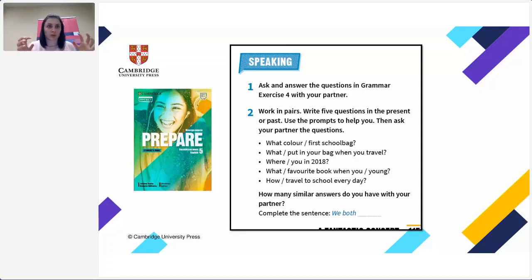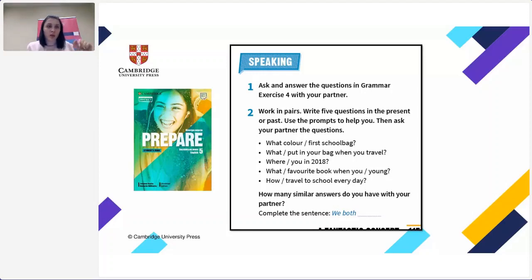So we have some questions, they need to make them, but then you are able to divide your students into different groups, or into pairs, it depends on you, and they may find something in common that they do every day, and they use the phrase "we both do something."